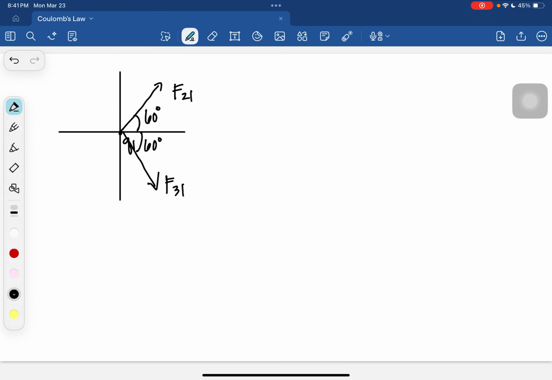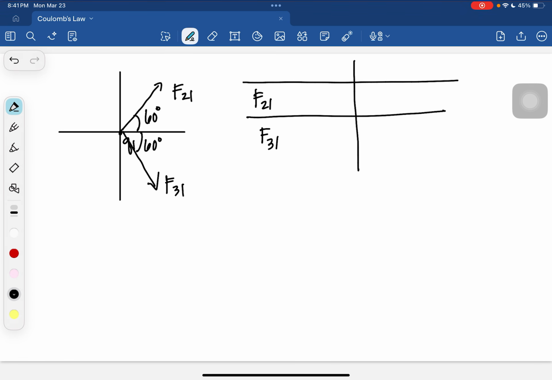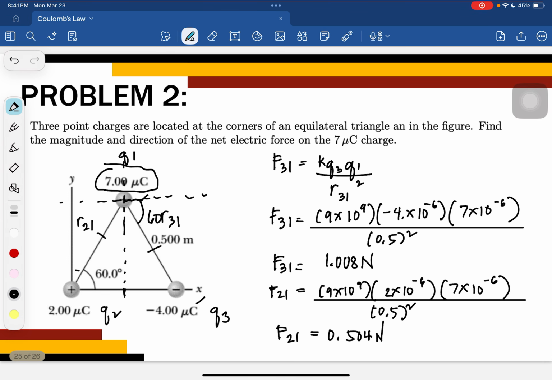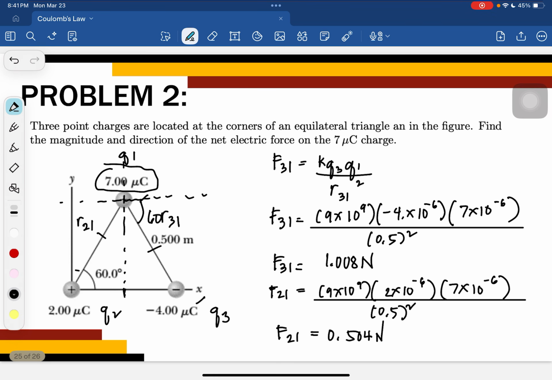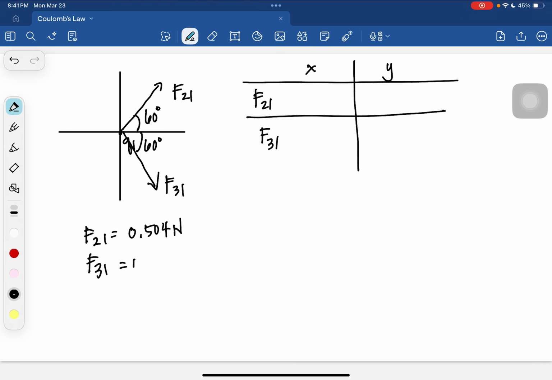So let's again do our usual. So this is F21 and F31. Let's not be so detailed about it. So this is X, Y. So my F21, by the way, is, let's just write them here, 0.504 newtons. And my F31 is 1.008 newtons.